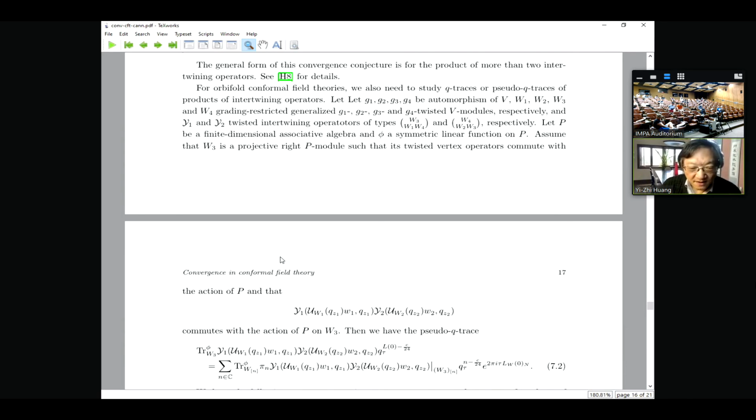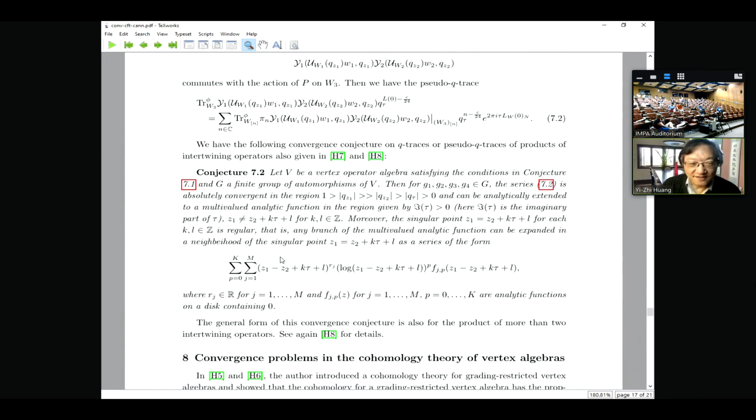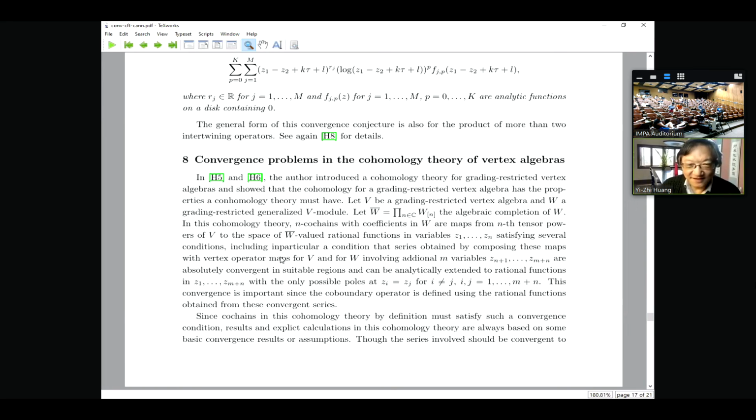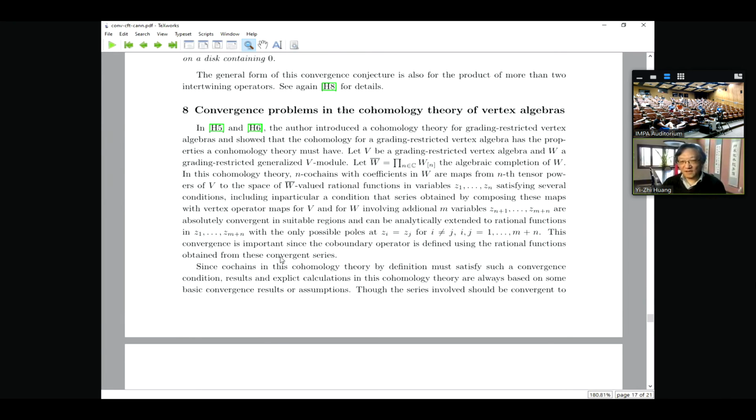Okay, now the last thing I want to discuss is the convergence problem in the cohomology theory of vertex algebras. I think the basic idea is the following: in any kind of representation theory, we always have two important basic tools.